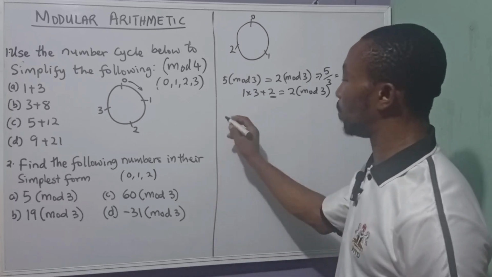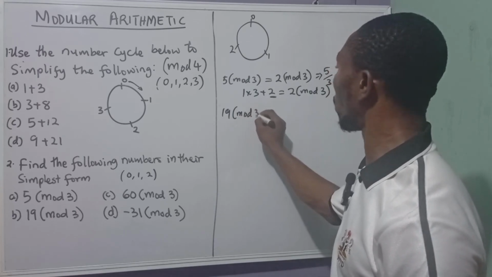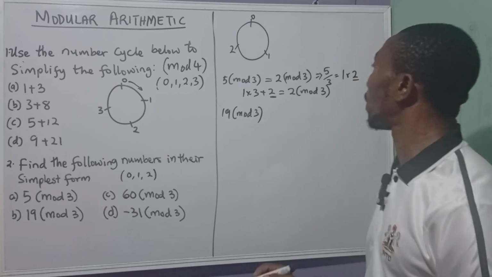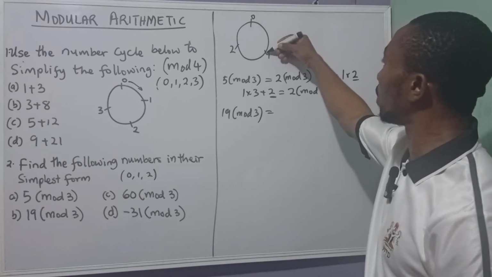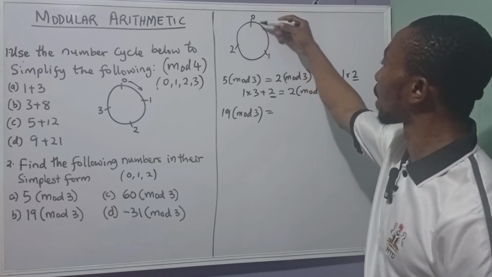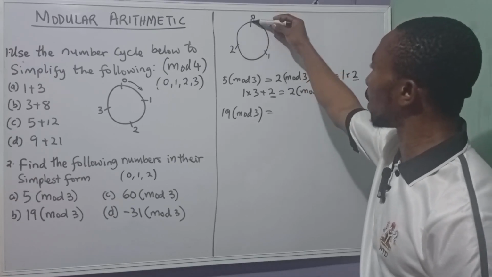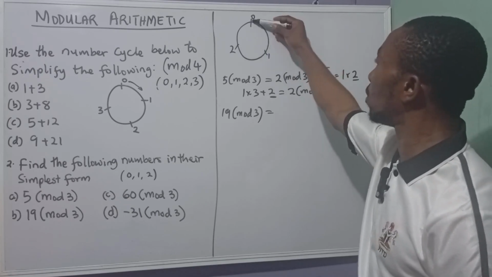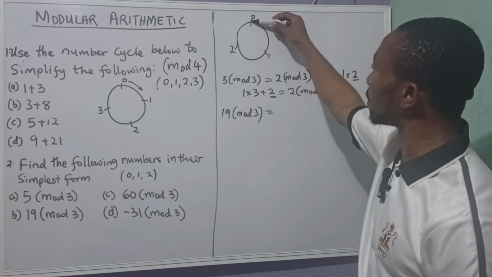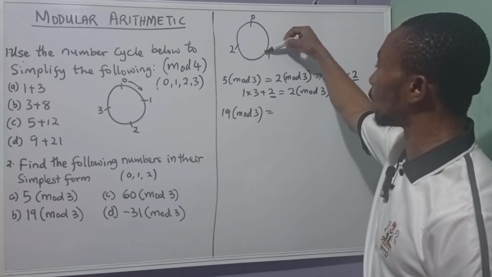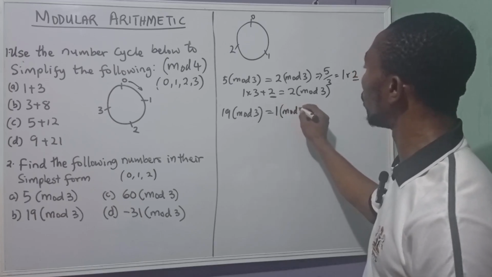Alright, now for the B part, we have 19 mod 3. Let's count: 1, 2, 3, 4, 5, 6, 7, 8, 9, 10, 11, 12, 13, 14, 15, 16, 17, 18, 19. So 19 mod 3 will give us 1 mod 3.